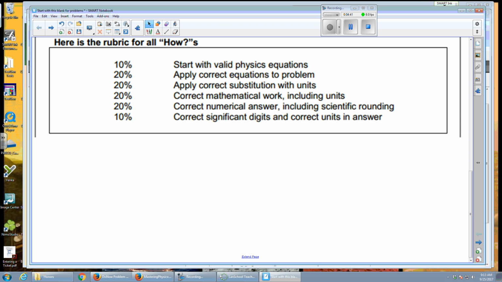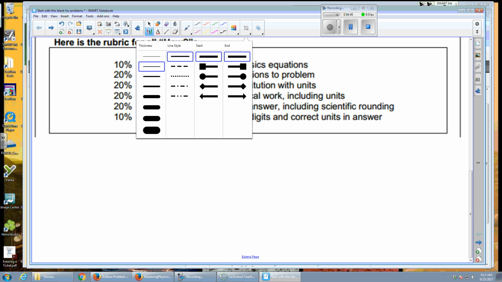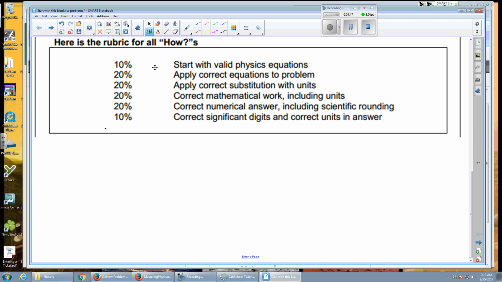Where can I find my equations? On the equation sheet, and I haven't pulled it up, but I think I remember them off the top of my head. But you guys should have your equation sheet probably right here, that would be good. So I'm going to remember the equation that says D equals D naught plus V delta T, or something very close to that.